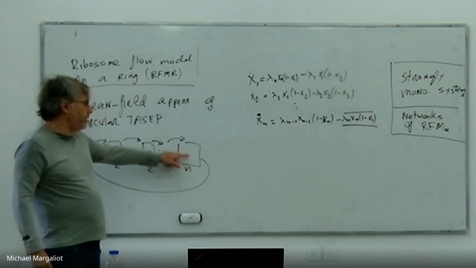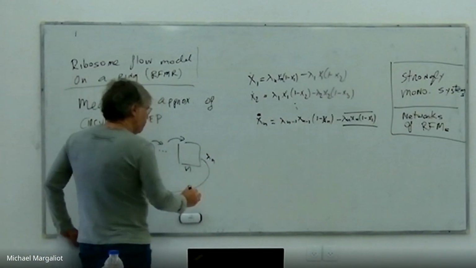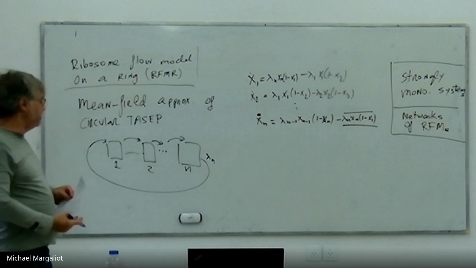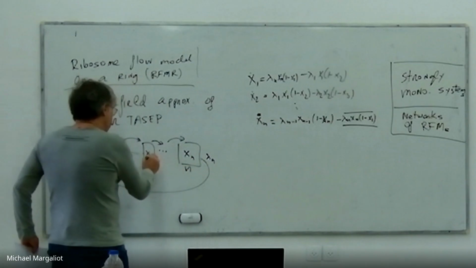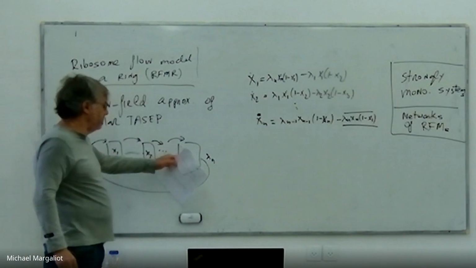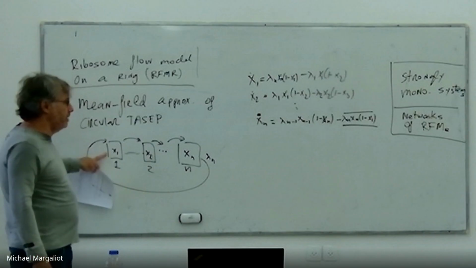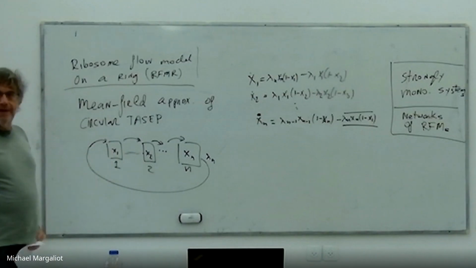It is proportional, first of all, to lambda_n, which tells me how easy it is to leave the last site. It is proportional to the density in site number n. If there are more particles, more will go to site number 1. And it is proportional to the free space in site number 1, which is 1 minus x_1.